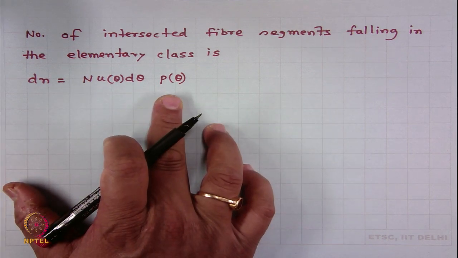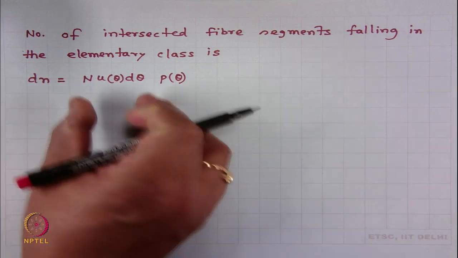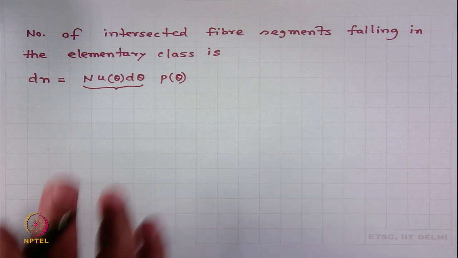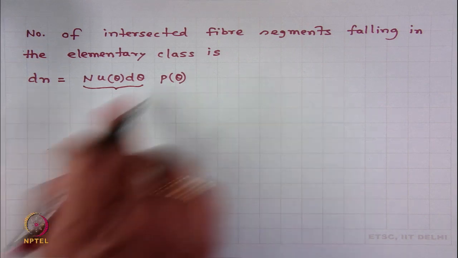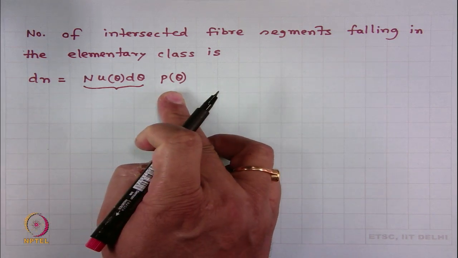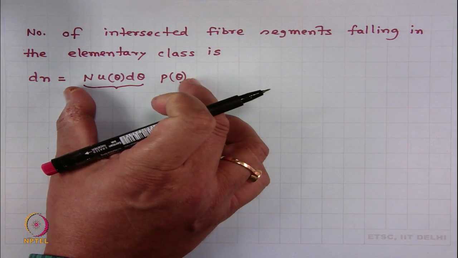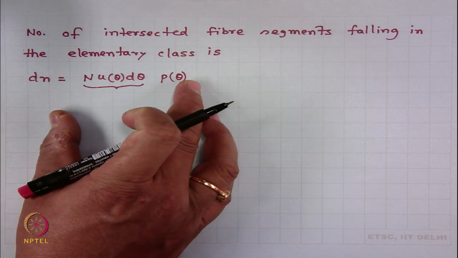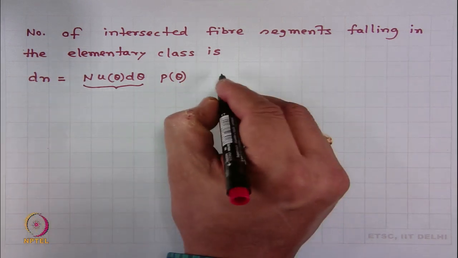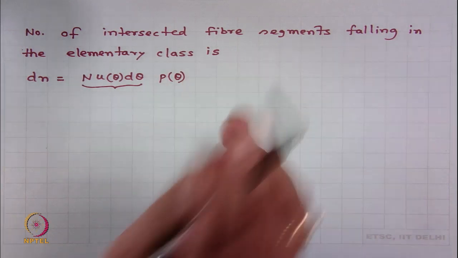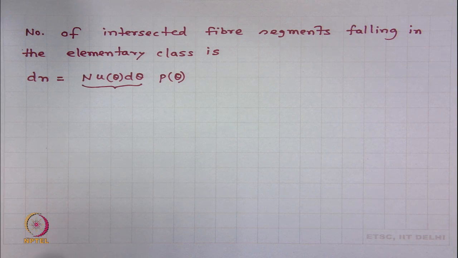This is the number of all fiber segments present in the prism, and this is the volume portion occupied by the intersected fiber segments. So, this is the number of fiber segments falling in the elementary class.